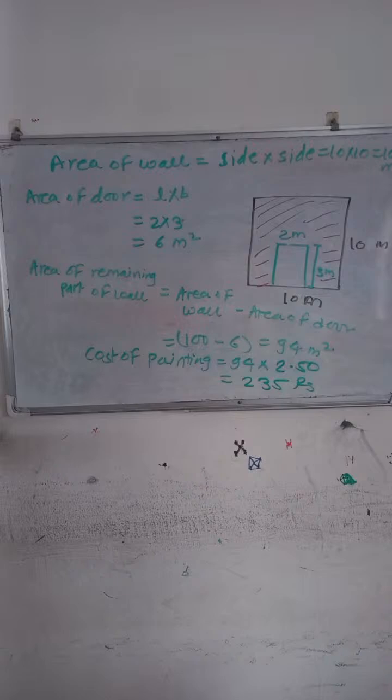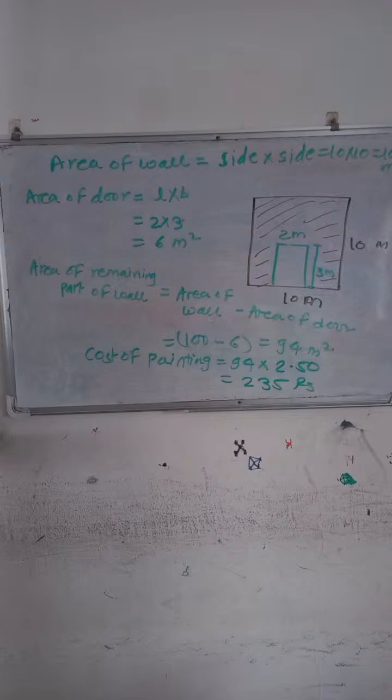Write down next question. A wire is in the shape of rectangle. Write down the questions properly. A wire is in the shape of rectangle. Full stop. Its length is 40 centimeter and breadth is 22 centimeter.